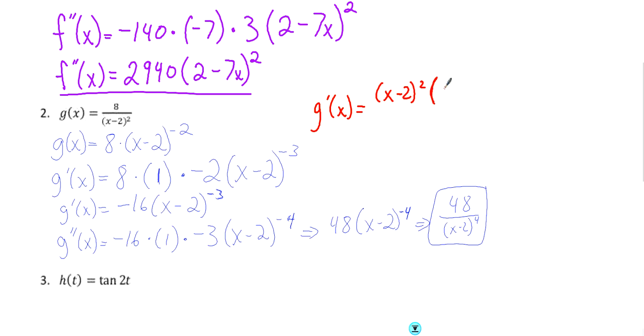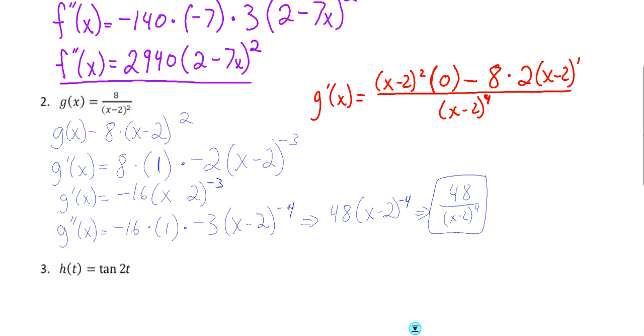The derivative of the top is 0, because it's a constant, minus 8 times the derivative of the low, which is going to be chain rule, so it's 2 times x minus 2 to the first power, all over x minus 2 to the fourth power, because you square the bottom. And you can see this right here, this is all 0.